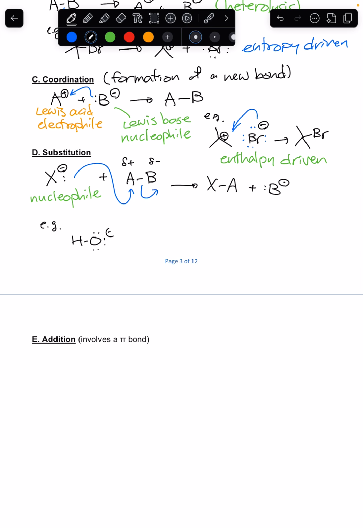An example might look like this. Hydroxide ion attacking a methyl group that's bonded to chlorine, which is of course electronegative, very much so.